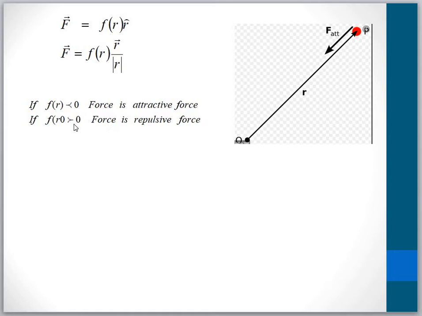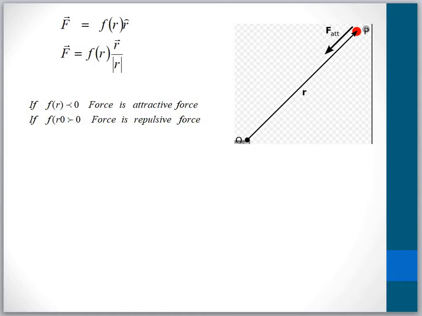If F of R is greater than 0, that is a positive quantity, that is a repulsive force. So by seeing the equation for central force, we can say whether it is an attractive force or a repulsive force. The gravitational force, electrostatic force, electromagnetic force, all these forces are examples of central force.